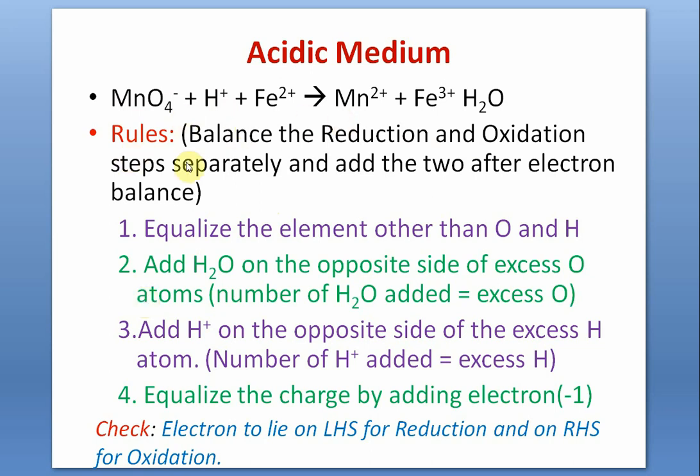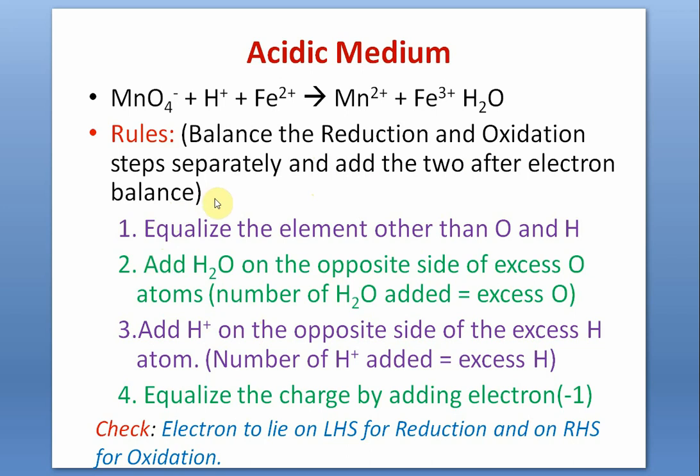Because you have here oxygen, hydrogen, and another two elements, we have to balance each one, but do it separately. The oxidation half and reduction half have to be done separately, and the two have to be added by cancelling electrons, making electron balance, to develop the balanced equation.